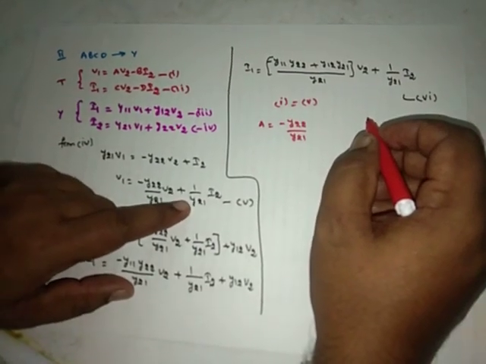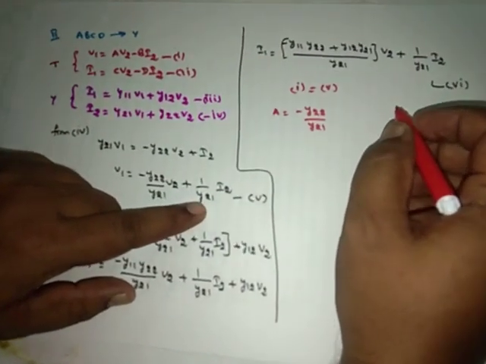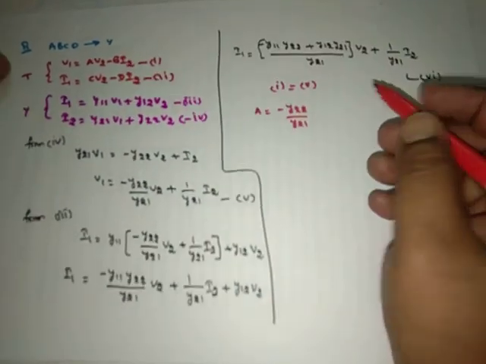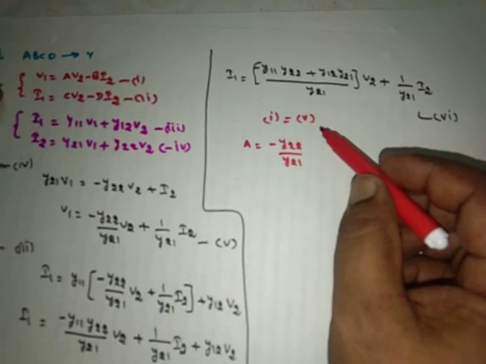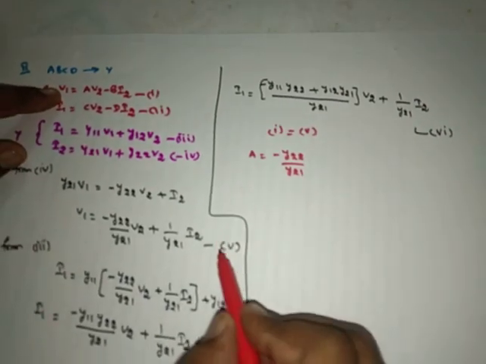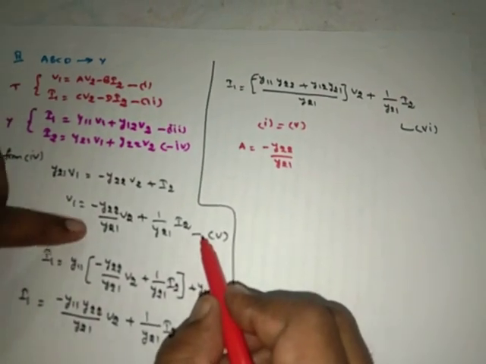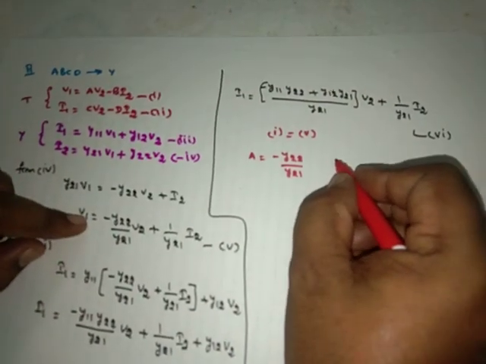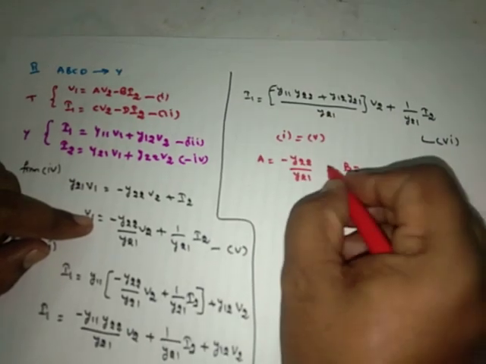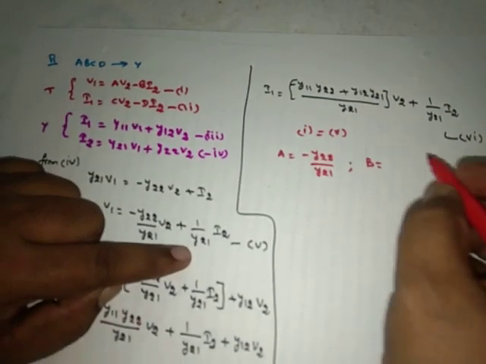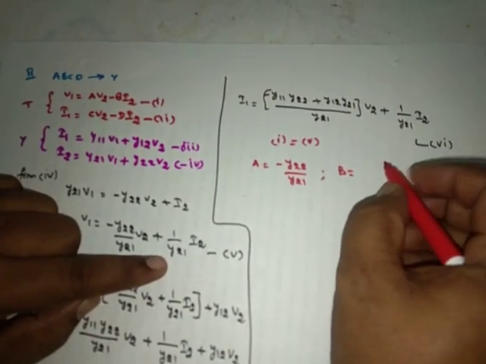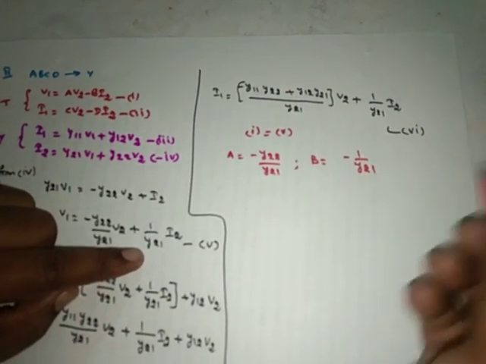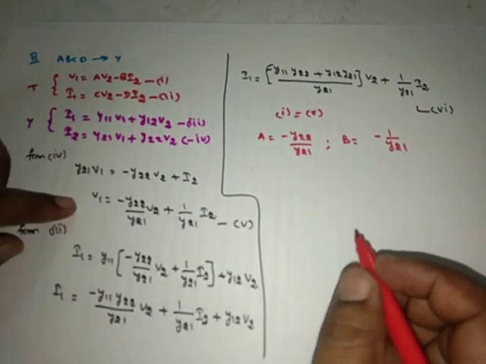Now here b is equal to, here it is a form of b, compare 1 is equal to 5, this is 1, this is 5, so a is equal to minus y22 by y21, and b is equal to, this is minus I2, you can take minus 1 by y21.